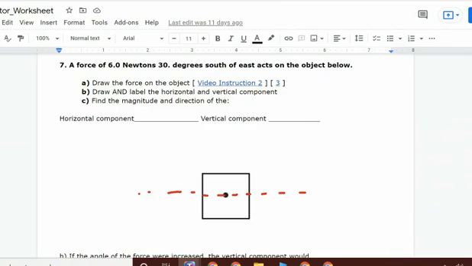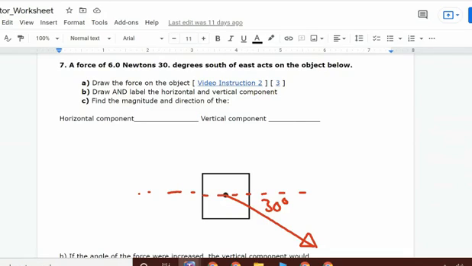You don't have that sheet? I do have that sheet. We did 6 Newtons, 30 degrees south of east. Girls, if your picture doesn't look like this, then you didn't do it south of east. Maybe you did it south of west.